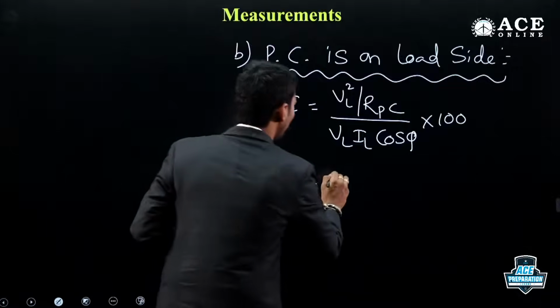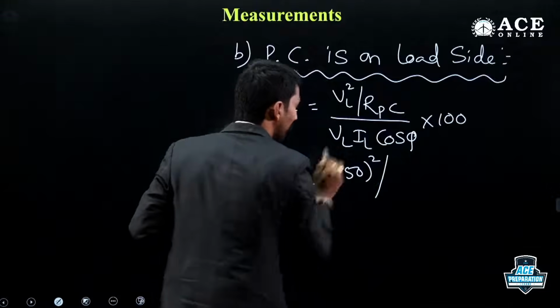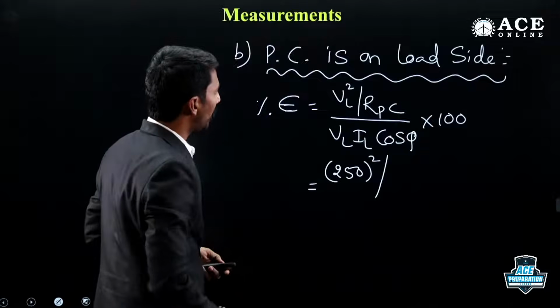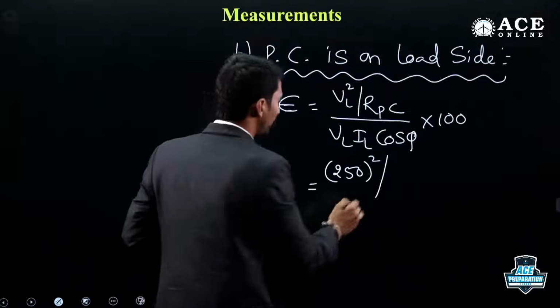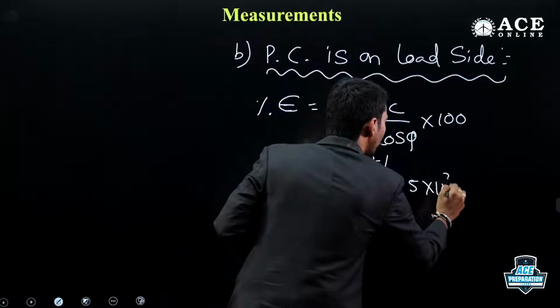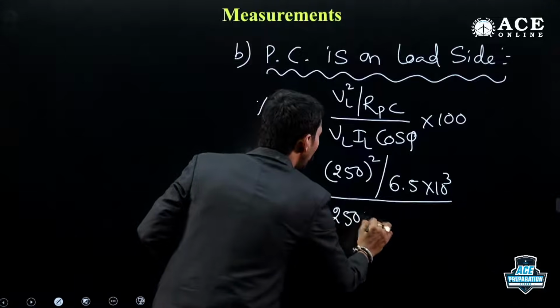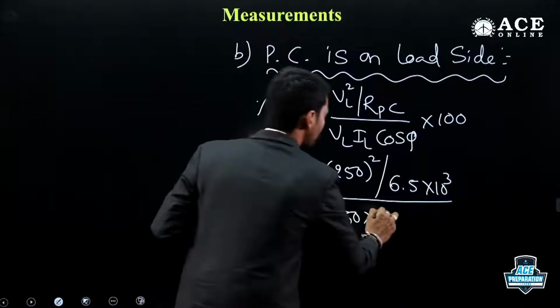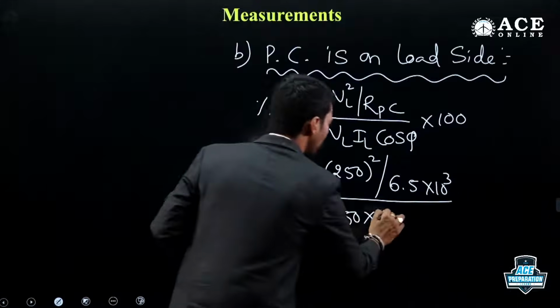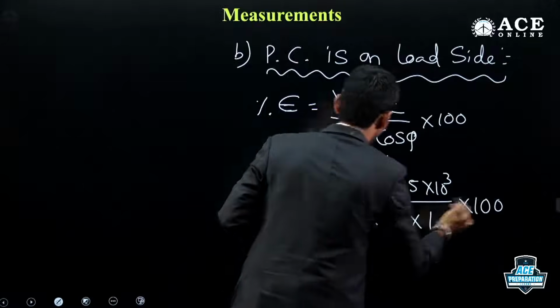So here, 250 square by RPC, 6.5 kilo, 6.5 into 10 cube, by VL 250 into IL, which is 12 ampere, into power factor 1, into 100.